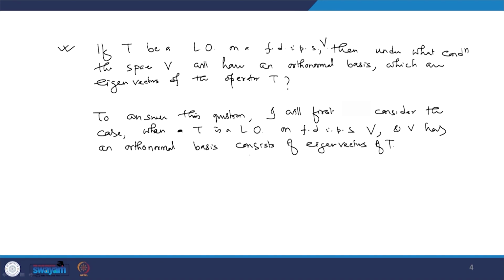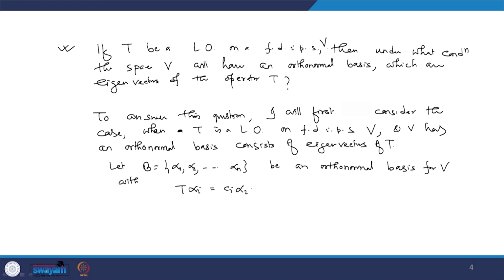So, I have taken an operator T which is defined over a finite dimensional inner product space V. So, let B equal to alpha 1, alpha 2, ..., alpha n be an orthonormal basis for capital V with T of alpha i equal to c i alpha i, where c i belongs to the corresponding field F, that is the field on which the space V is defined.